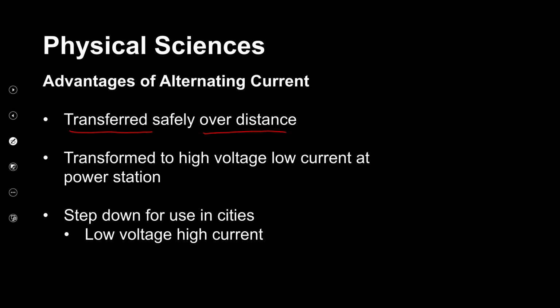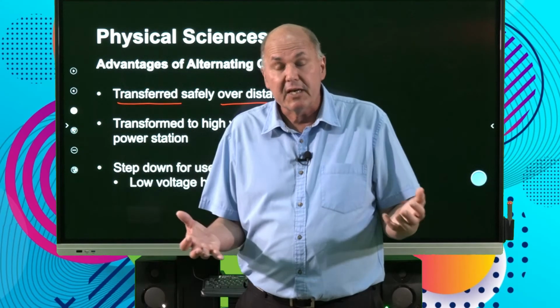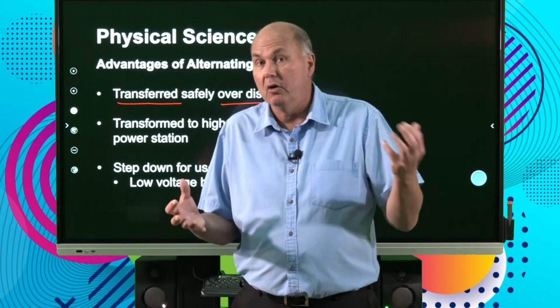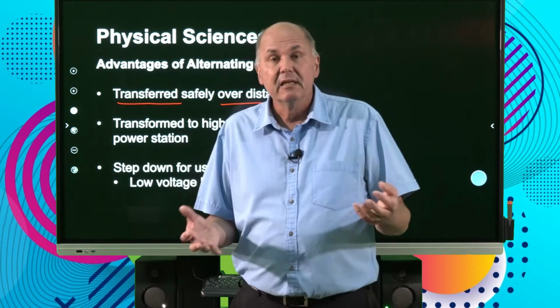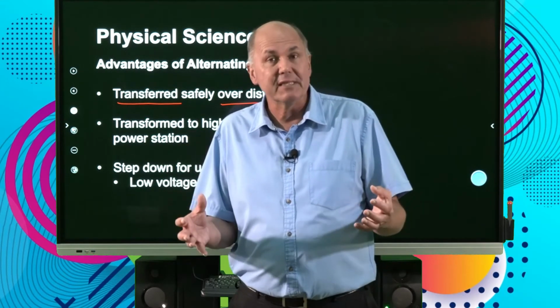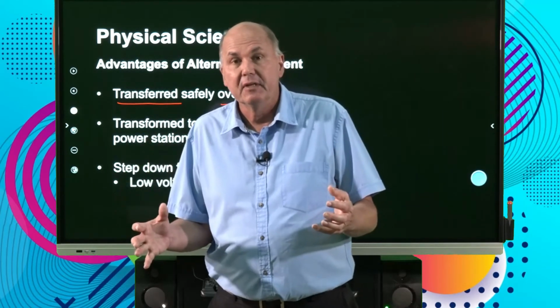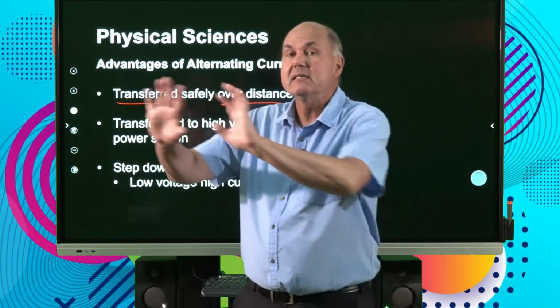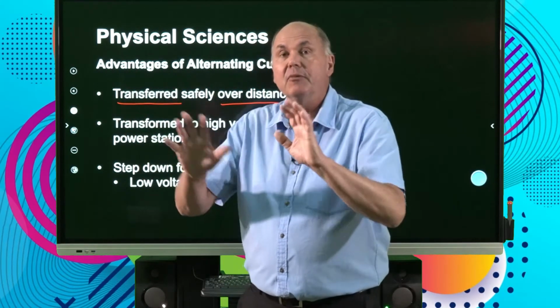Now, usually we have power stations that are burning coal or burning gas, and we don't want those in the middle of a city. There might even be nuclear power stations, or there might be hydroelectric dams that are quite a distance away from the city.